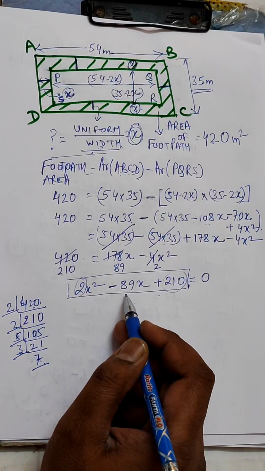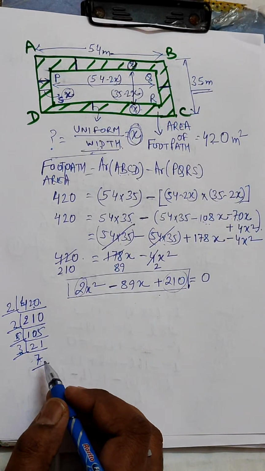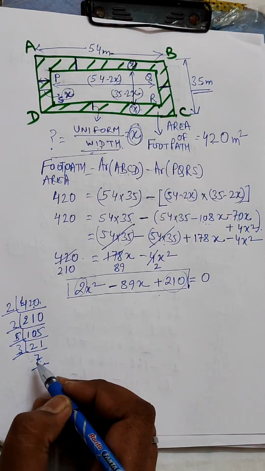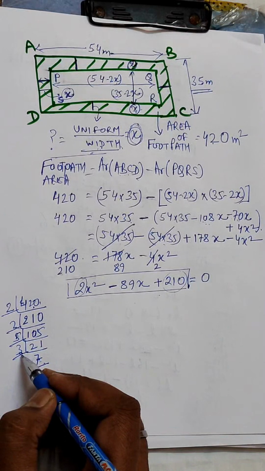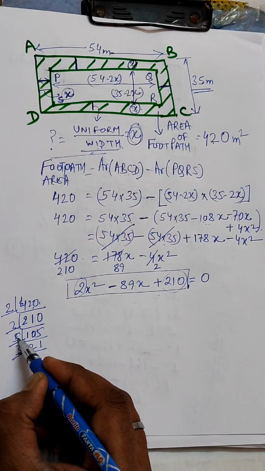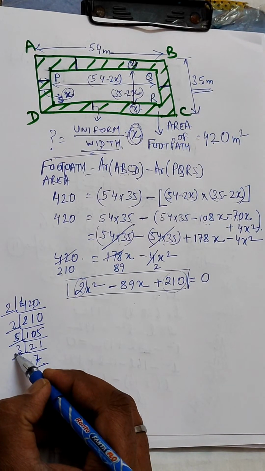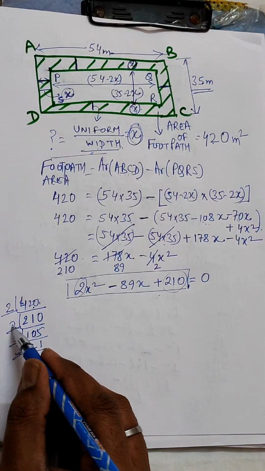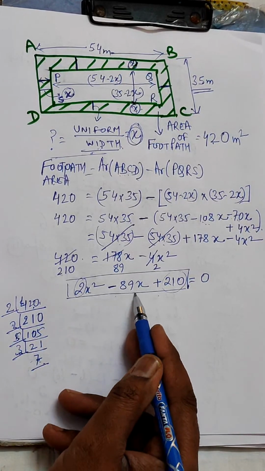Now the next combination: 7 3 7 5 35, 35 into 3 will give you 105, 105 minus 4 will give you 101, this will not give you 89.